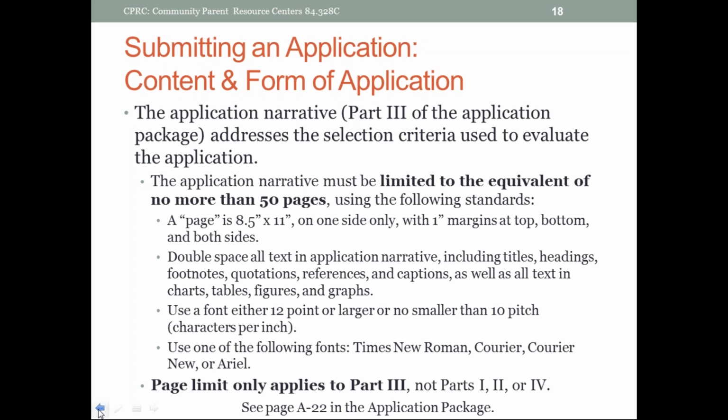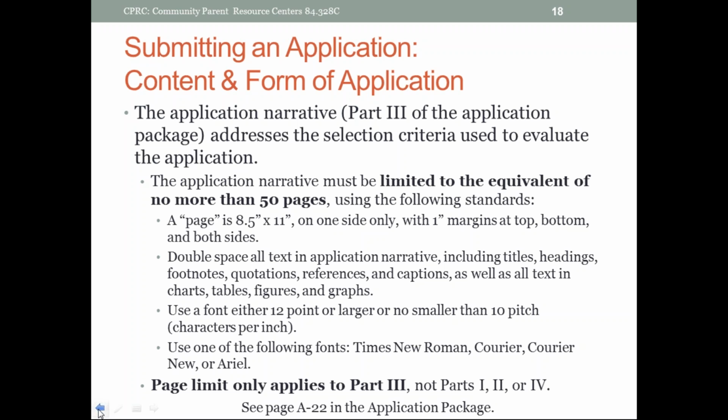Okay, that can go in other appendices. You're not limited to having only one Appendix A, and that's it. Having said that you can put in multiple appendices for different reasons, and also saying that aside from Part 3, which is the application narrative, where you're limited to 50 pages, there are no page limits in the rest of it.